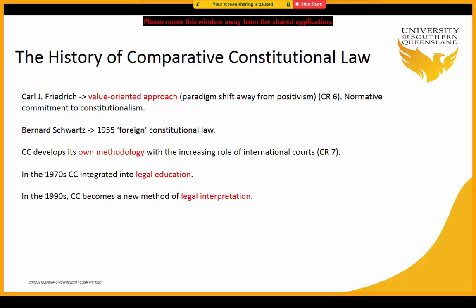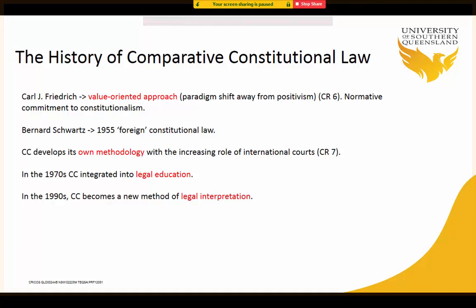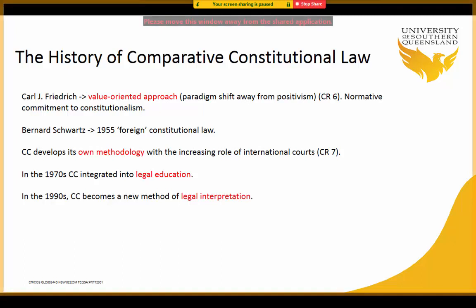So if you want to get something out of that, comparative constitutional law is a big deal in Europe. It is a big deal in the US. Much, much less so in Australia and even New Zealand, and probably in much of Asia, I would say.